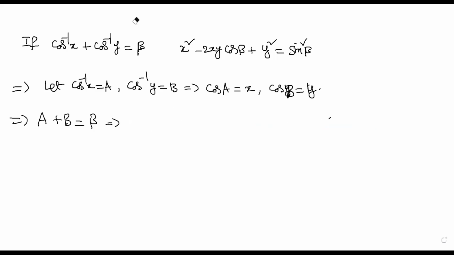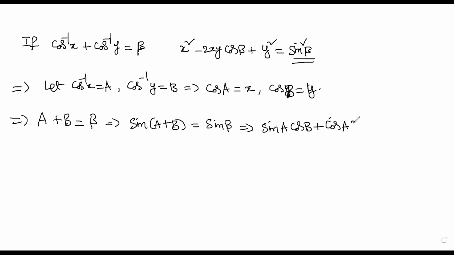Let us apply sine function, because here sin square beta is there. Let us consider sine of a plus b, that is sine beta. So sine of a plus b is sine a cos b plus cos a sin b, that is equal to sine beta.